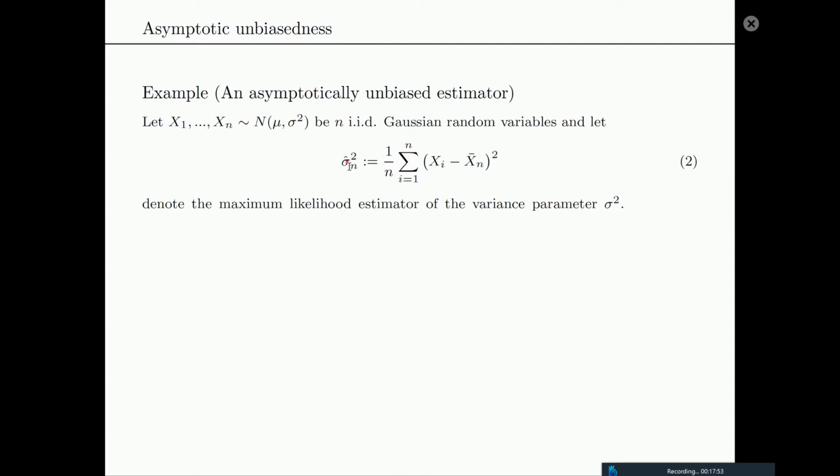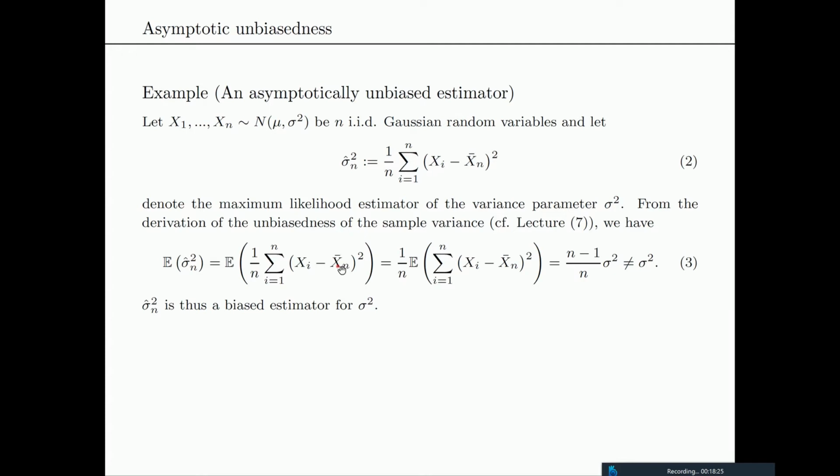What we're looking at is our maximum likelihood estimate of the variance parameter. Note that this is not the sample variance, but the maximum likelihood estimator, which I may have previously mentioned is biased. And we will see that again. The good thing is that it's biased, but it's asymptotically unbiased.